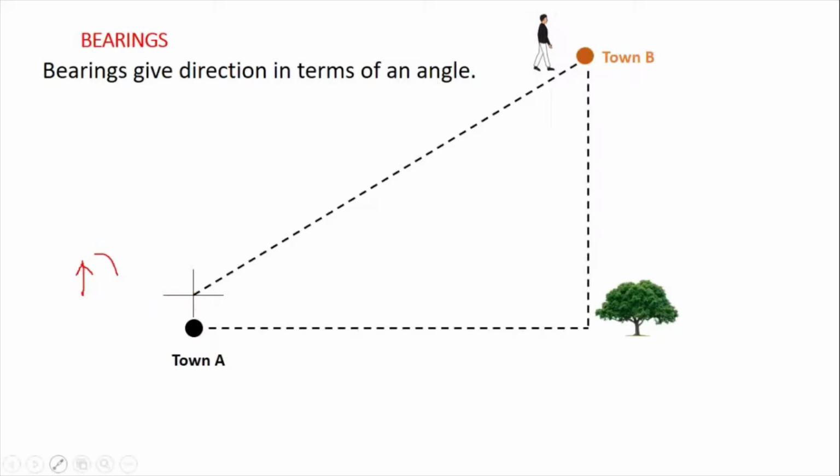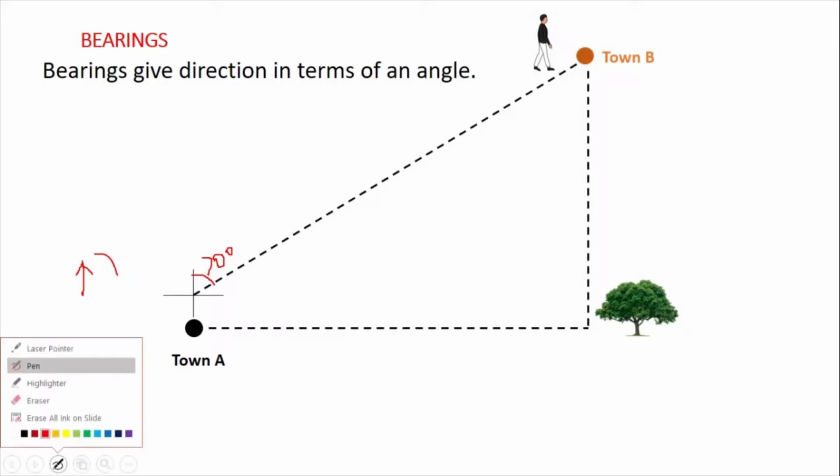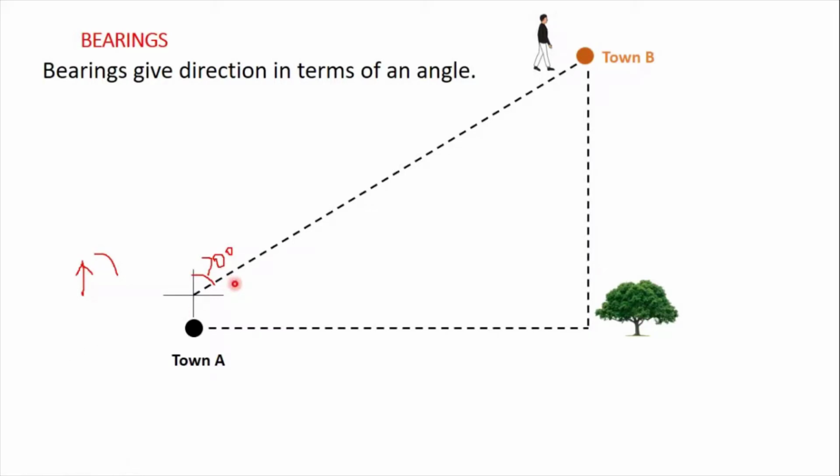So in this case, the angle that will be created here, the one we assumed as 70 degrees, let's take it that it is 70 degrees. The angle that will be created here is called the bearing of town B from town A. So the angle that is used to give the direction is what we refer to as the bearing.